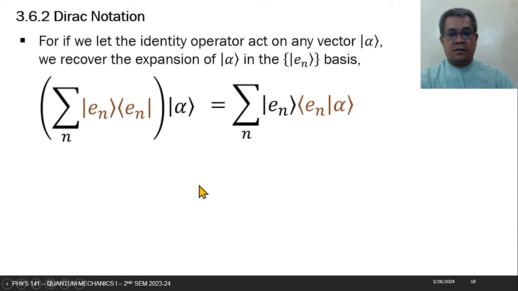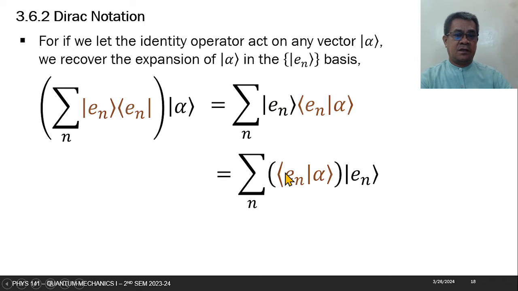But watch out, because this can be absorbed inside the summation, and this will provide this result. If we allow this vector to penetrate inside the summation, then this will form an inner product. And again, this is just a number and this is a vector, so we can interchange the positions.